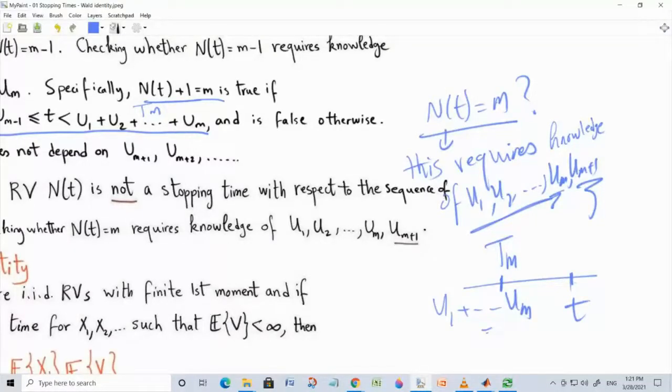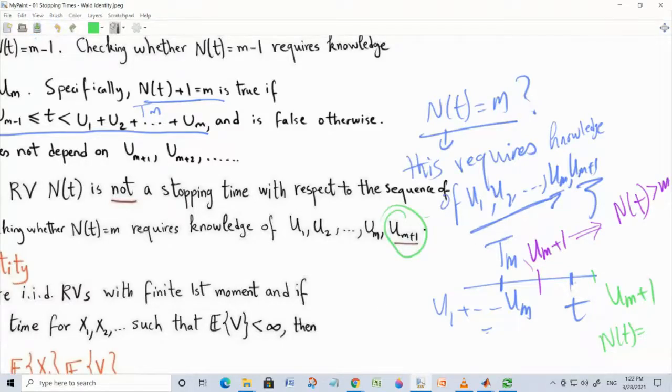We need to know U_{m+1}, because if U_{m+1} is here, then this means that N(t) is actually greater than m, and if U_{m+1} is here, then N(t) is equal to m. So the story is that you need U_{m+1}. You cannot, without any uncertainty, make sure of this event that N(t) is equal to m without knowing this guy.